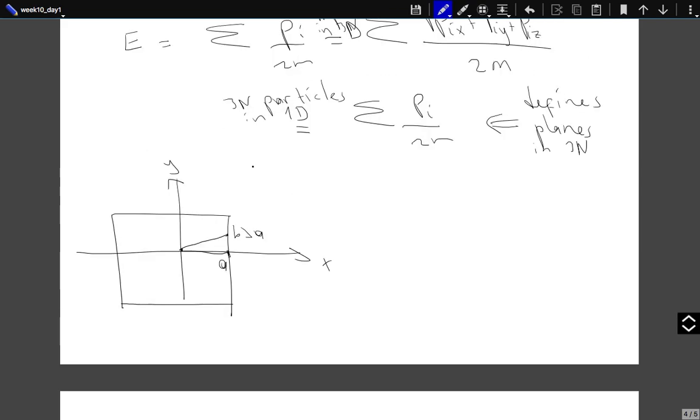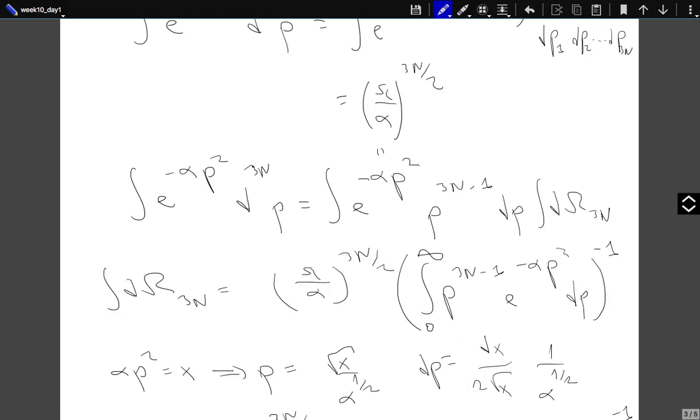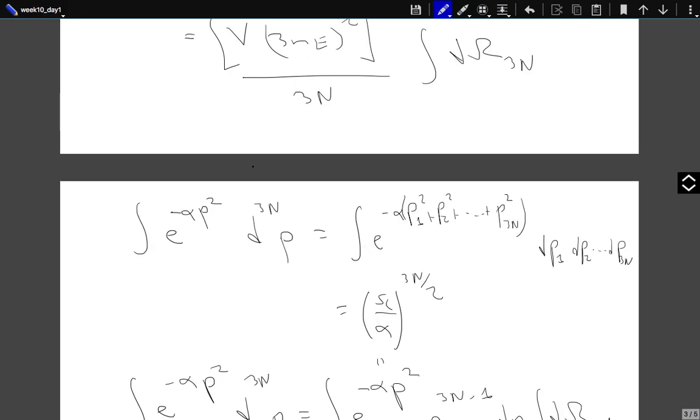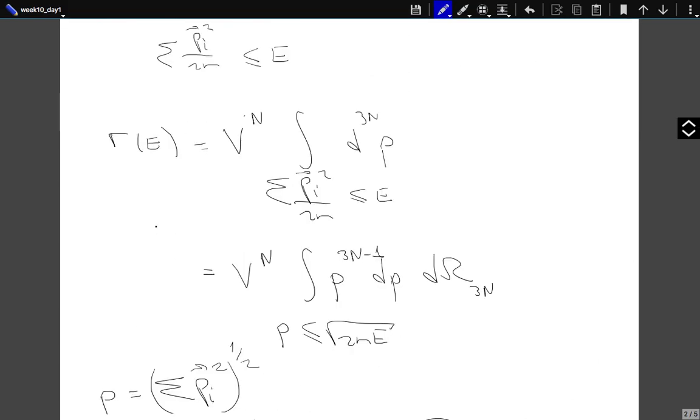So basically we are using the explicit forms of the energy in this step. If the dependence of energy on the momenta is not given by the sum of the squares of the momenta, that step we cannot do. The separation of the integrals we cannot do.